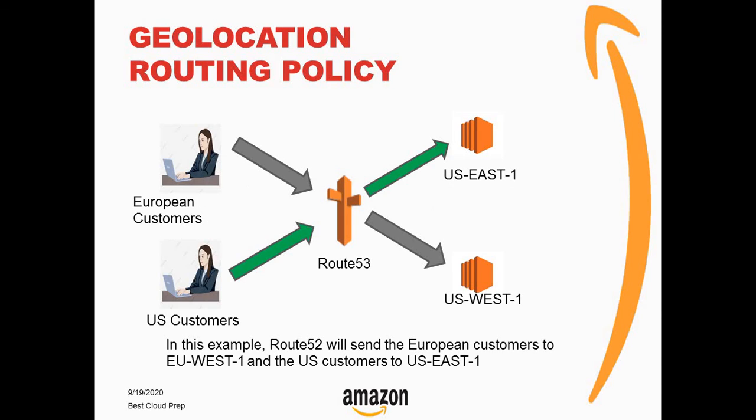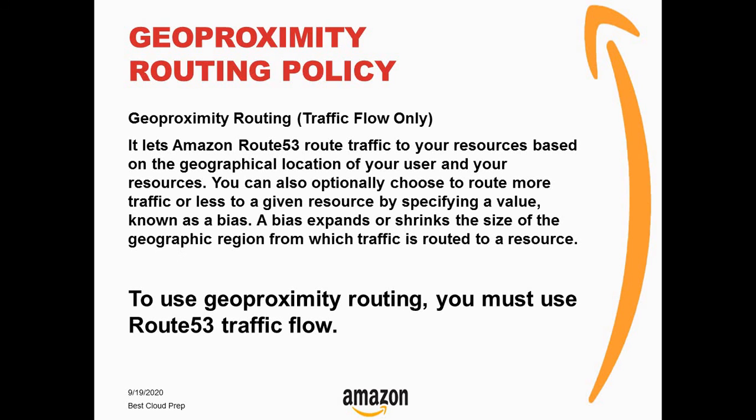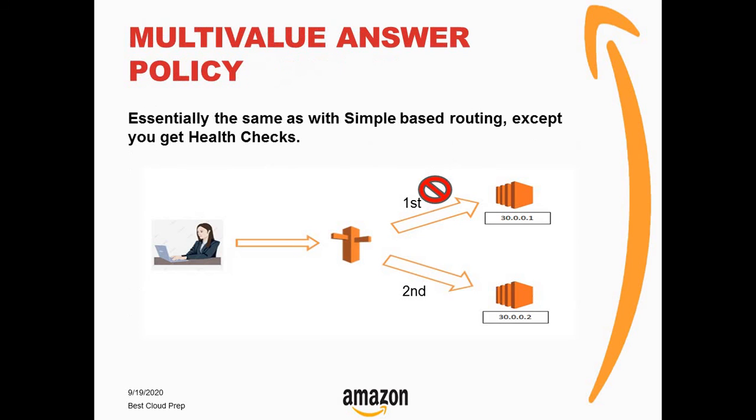Previously, geolocation knew where our user was located, and it just directed the traffic based on that. In geoproximity, it knows both the geographical location of your user and also your resources. So remember this difference. And to use geoproximity routing, you must use Route 53 Traffic Flow.